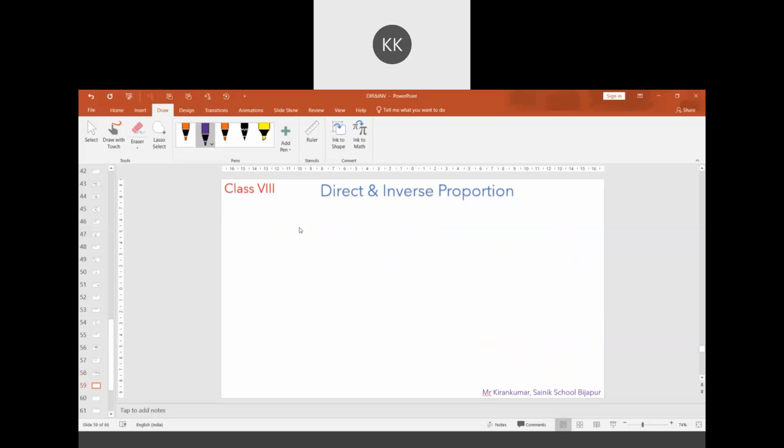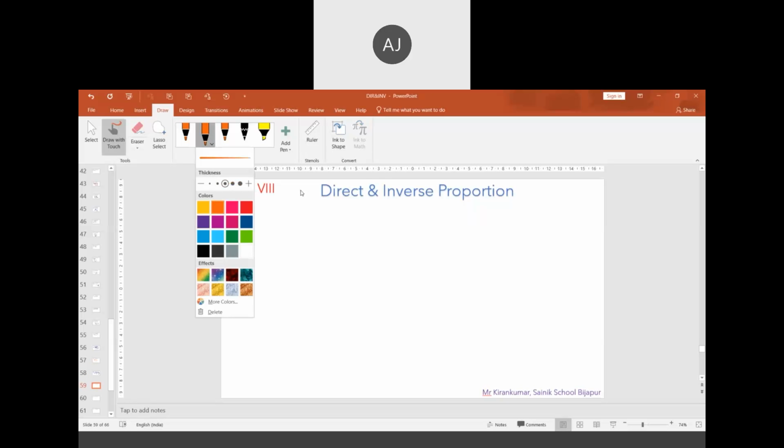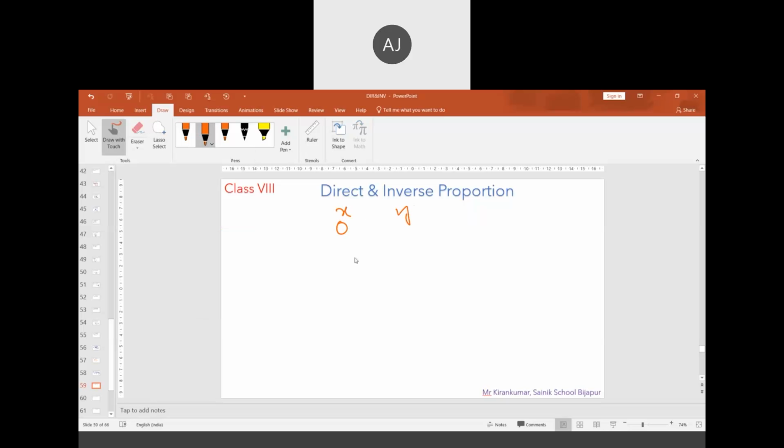Any other doubt? Sir, from this chapter only, direct and inverse variations, sir. If x and y are inversely related, and if x is equal to 0, then the relation between x and y will always be 0, sir. If y is any number, the relation between them is always 0 only, sir.